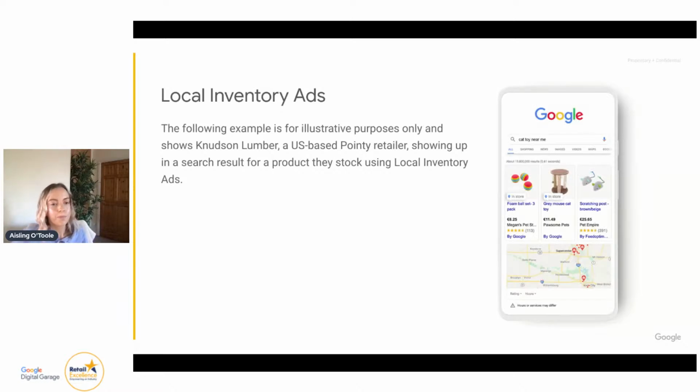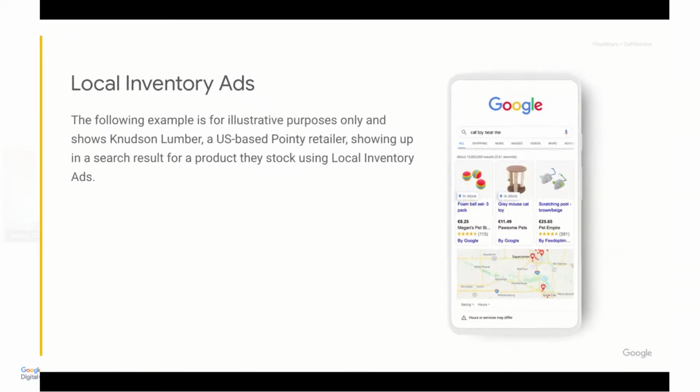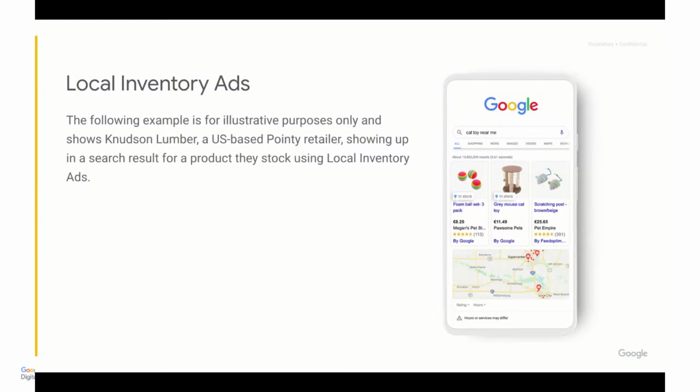I would now like to walk you through an example of a Pointy retailer in the US who is currently using local inventory ads. Over the next few slides, we'll see how Knutson Lumber shows up in a search result for a product that they stock.